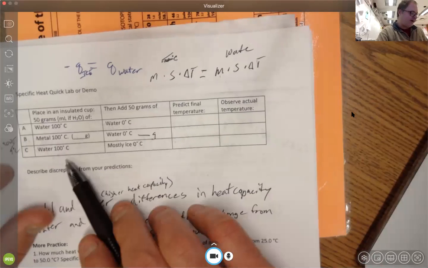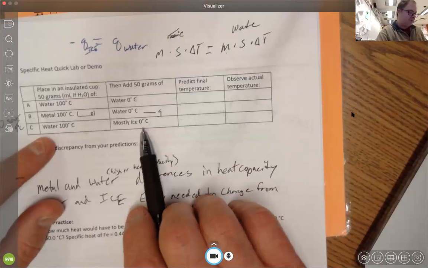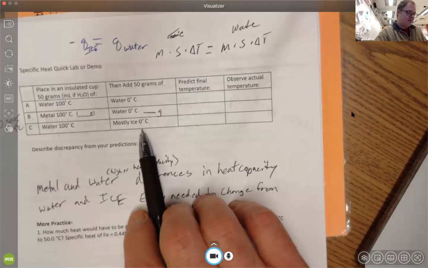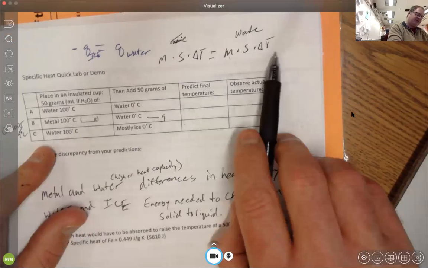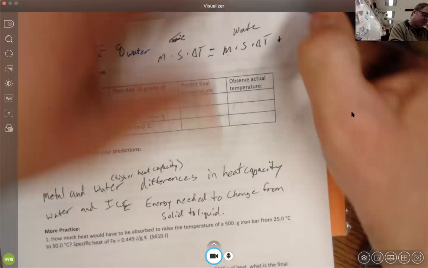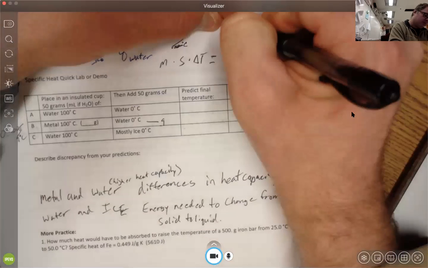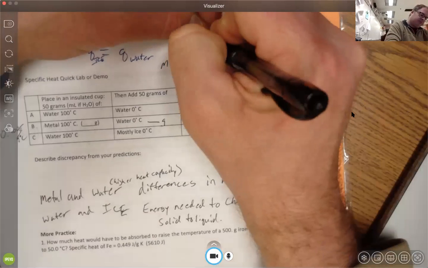And then the water here and the ice here. Well, the problem is, again, we have this formula, but then we also have this plus, if we put this as the ice and this is the water, plus that melting.